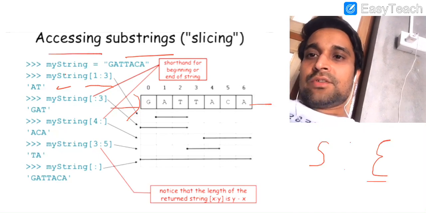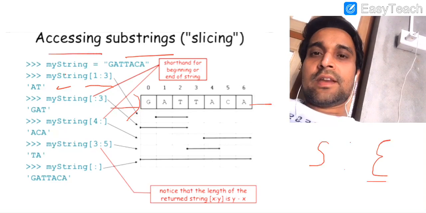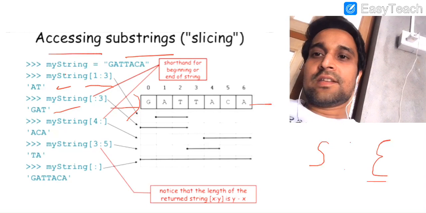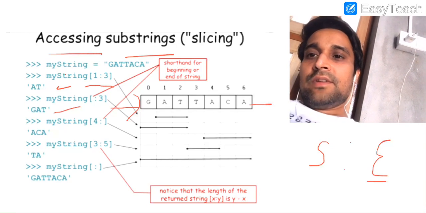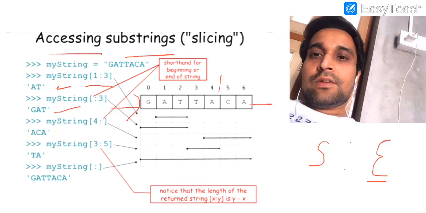Thereafter we have written my string :3. We are not specifying the starting index, so it is automatically treated as 0, the first element of the string, and 3 is the ending, which means we go from 0 to 2. 0 to 2 is GAT, so we get the result GAT. Then we have written my string 4:, which means we begin from this location and go to the last location, because the end is not specified.